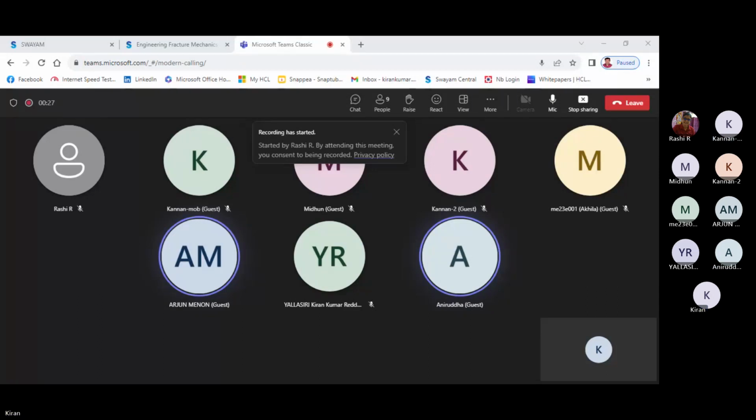We are unable to see your screen, only the MS Teams window is shared, not the particular window you want to share. One minute, I will reshare.